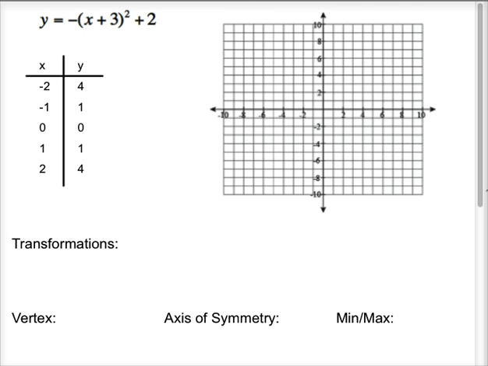So the first thing I want to check out is, do I have a stretch or a reflection? And here I see that negative out front. So what that means is I do need to add my third column here. Okay, so I need to take all of these and I'm going to apply that negative to them.